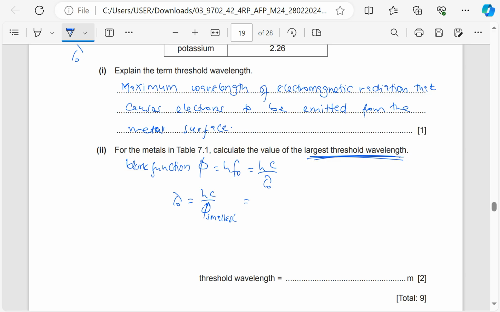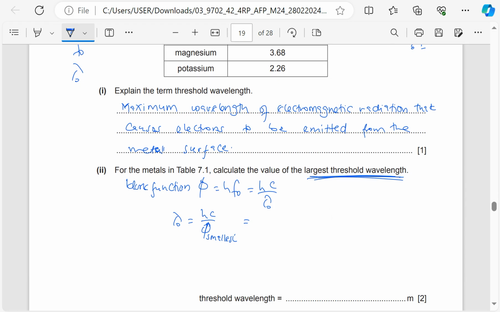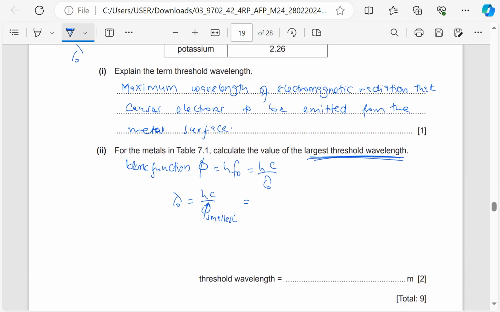Okay, I hope I made this the subject correctly. What is given is the work function. So this is going to be 6.63 times 10 to the power of minus 34 times 3 times 10 to the power of 8, divided by the energy.